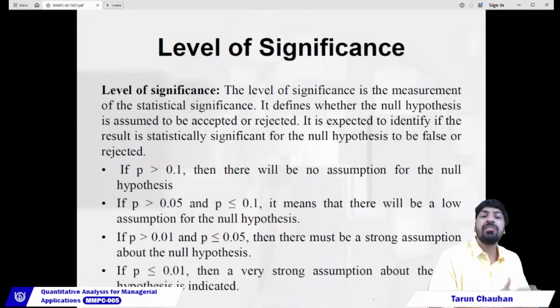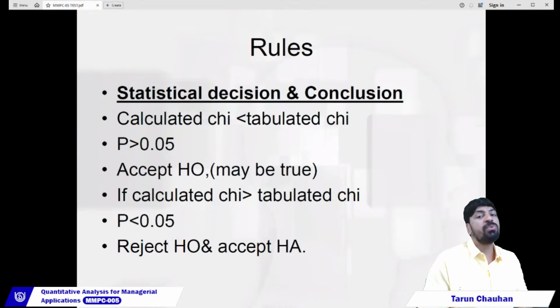Accordingly, the researcher will prove statistically using calculation, mathematical formulas, and tabulated values, or you can say the table values, that the chi-square will be considered. These are the rules of the chi-square test.